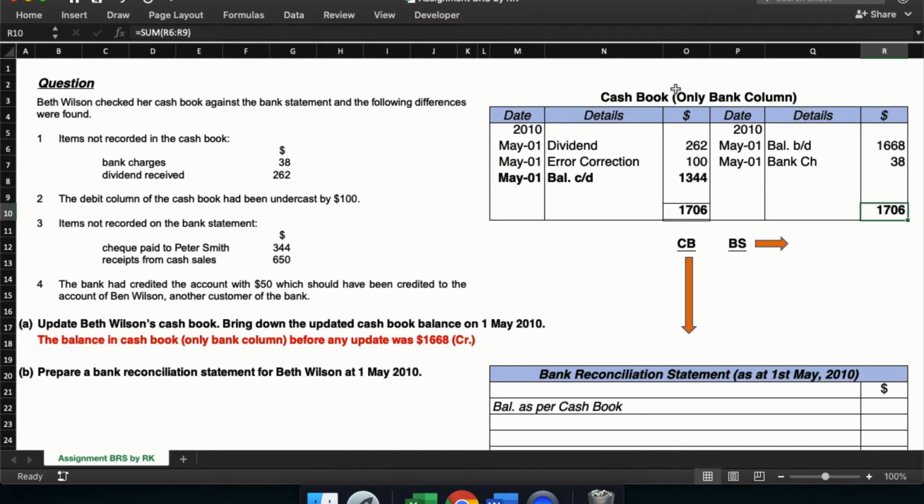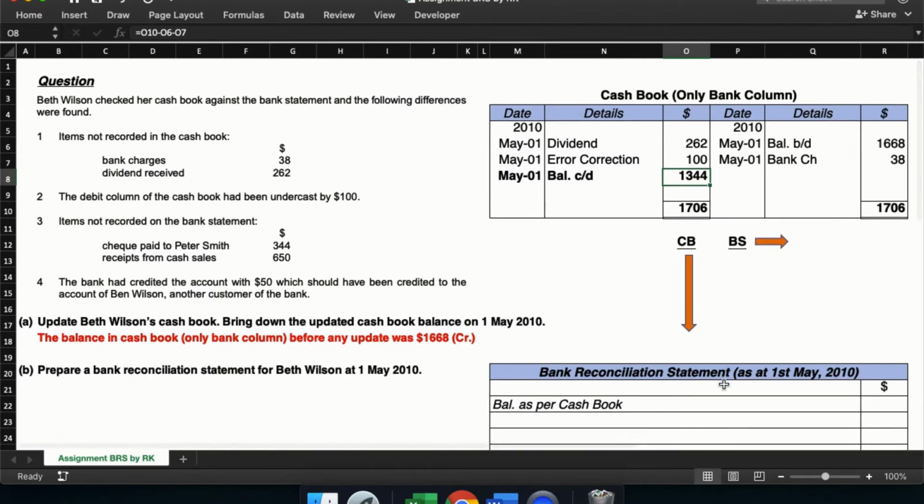When the bank column in the cash book shows a credit balance, that credit balance represents a bank overdraft. And a bank overdraft is not in the favor of the business because it is a liability. So let's see how to use this bank overdraft while preparing the bank reconciliation statement.